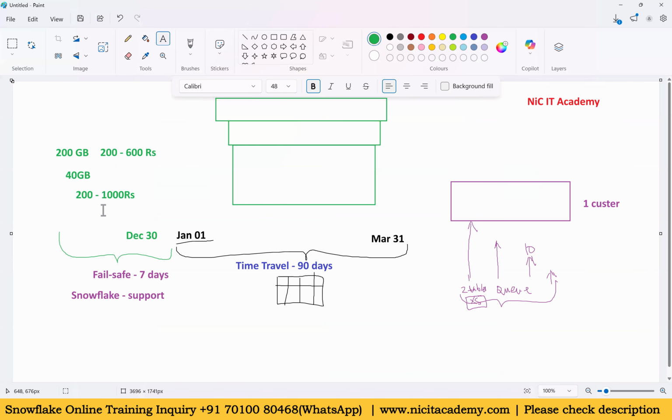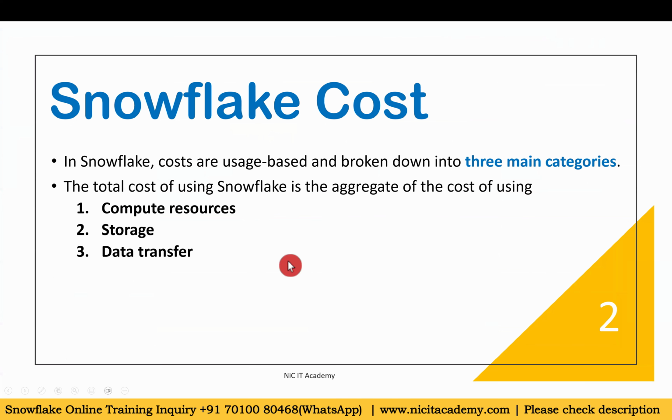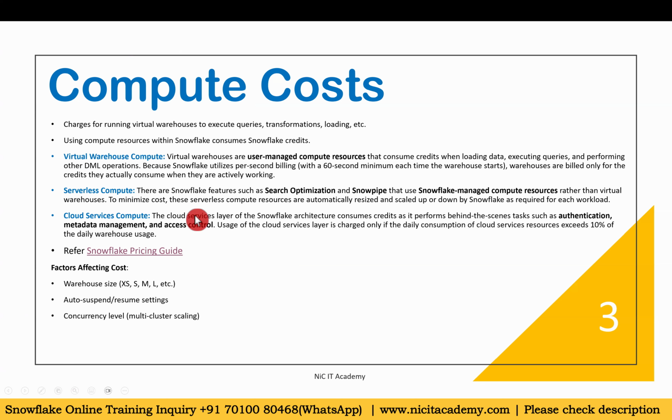In storage, we have 2 different options, on demand and prepaid capacity. And there are 3 different costs: compute, storage, and data transfer cost. In compute, we also have the virtual warehouse cost, which is a user-managed compute resource. Serverless cost is everything Snowflake managed, plus cloud services authentication.